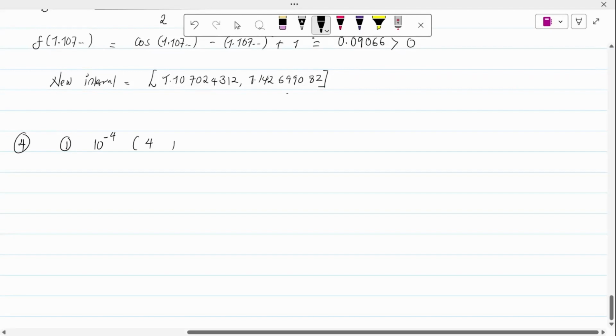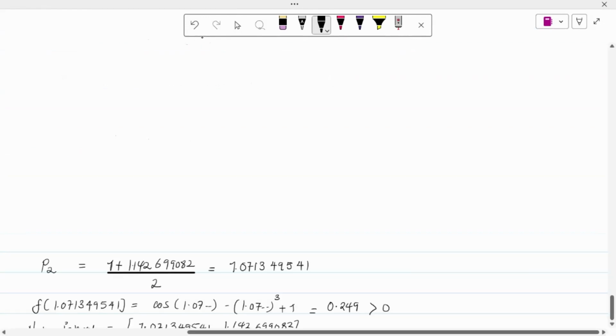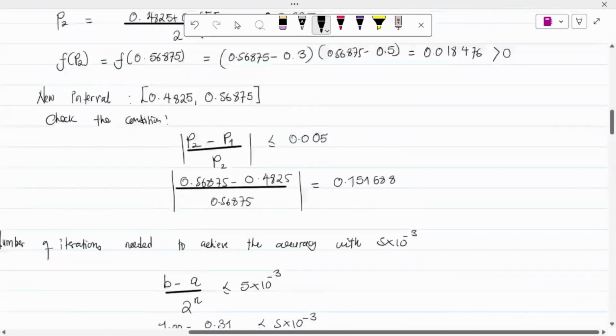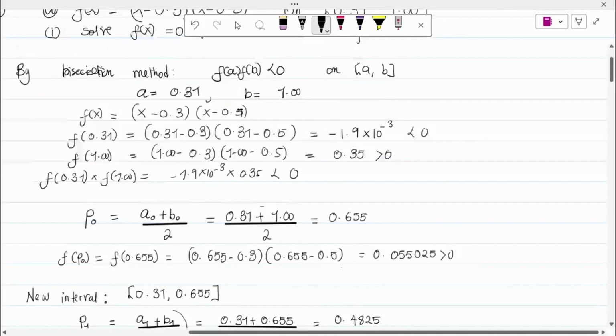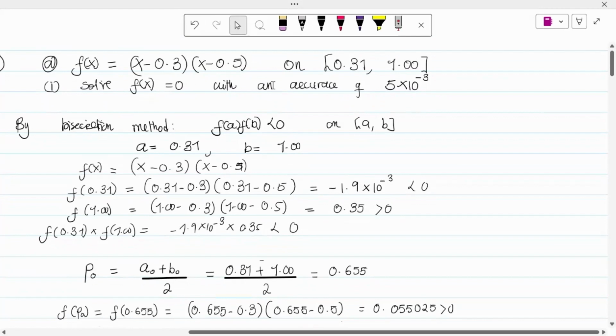Oh, 4 decimal places. You remember last time I said I need to find out how you handle it with given decimal places, right? So actually this question is a bit tricky. Here is the first question we solved last time, where we were supposed to approximate this function to 3 significant figures and 3 decimal places.